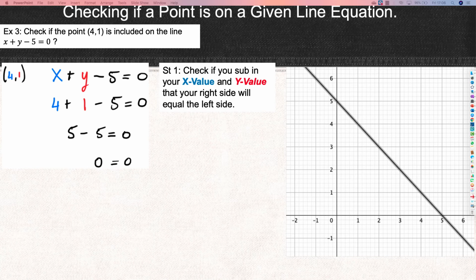It's not. Right, let's practice to do these. So, check for me, is the point 3, minus 1 on the line 2x plus 3y minus 3 equals 0.